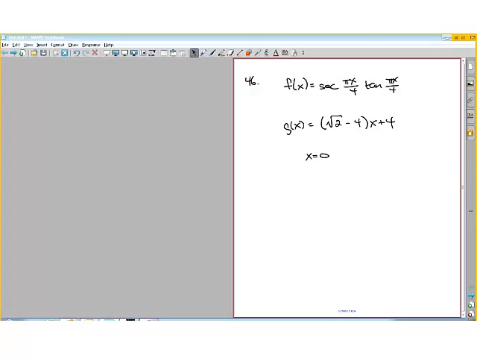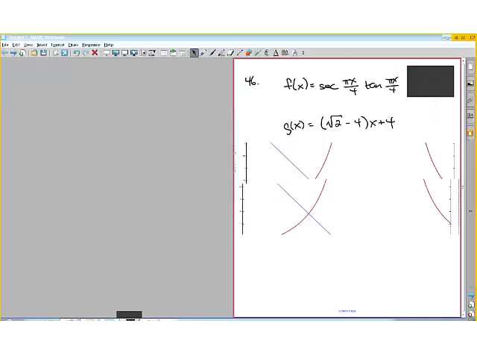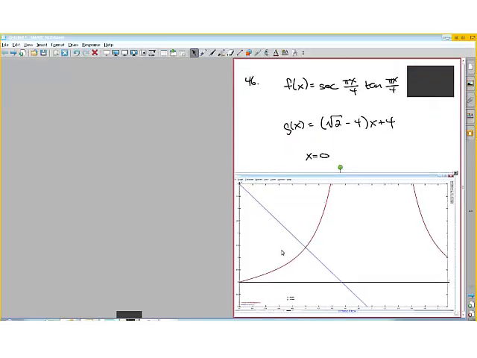And I'm going to copy that picture over. So let me do that. So there it is. What we're looking at is this area right here.